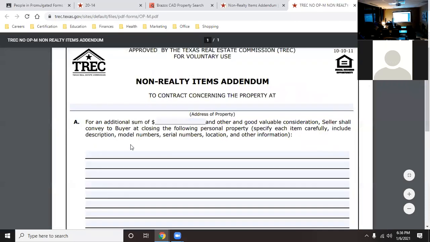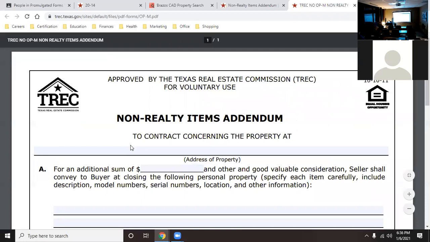This is your non-realty items addendum. Now you'll notice here at the top that we have an approved form. So it's approved, but what do you notice here? The word promulgated is not up here. So what happens is it's voluntary use. It's not required.